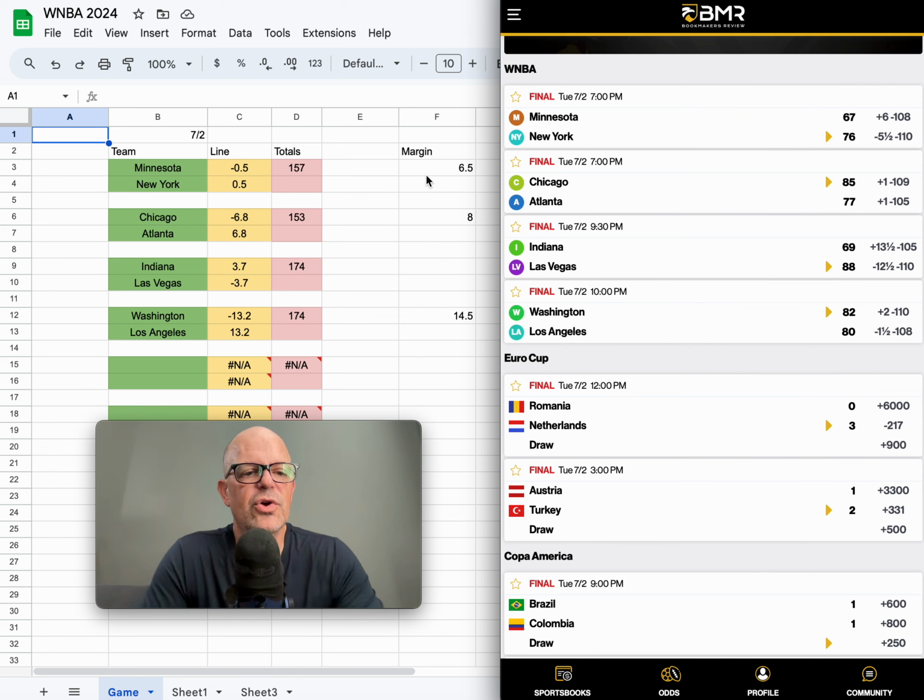Let's look at the next game, Chicago and Atlanta. Chicago was -7, my line. The sportsbook had Chicago at +1, so that gives us an 8 point differential. Indiana and Vegas. Now, the way I handicap WNBA or any kind of point differential, the majority of the time I don't play a dog, meaning if Las Vegas is -3 and the book's line has them at -12, obviously there is value as far as the margin goes with Indiana, but I wouldn't play that simply because if they're a dog via my line and they're an underdog in the books, more times than not they're going to lose.